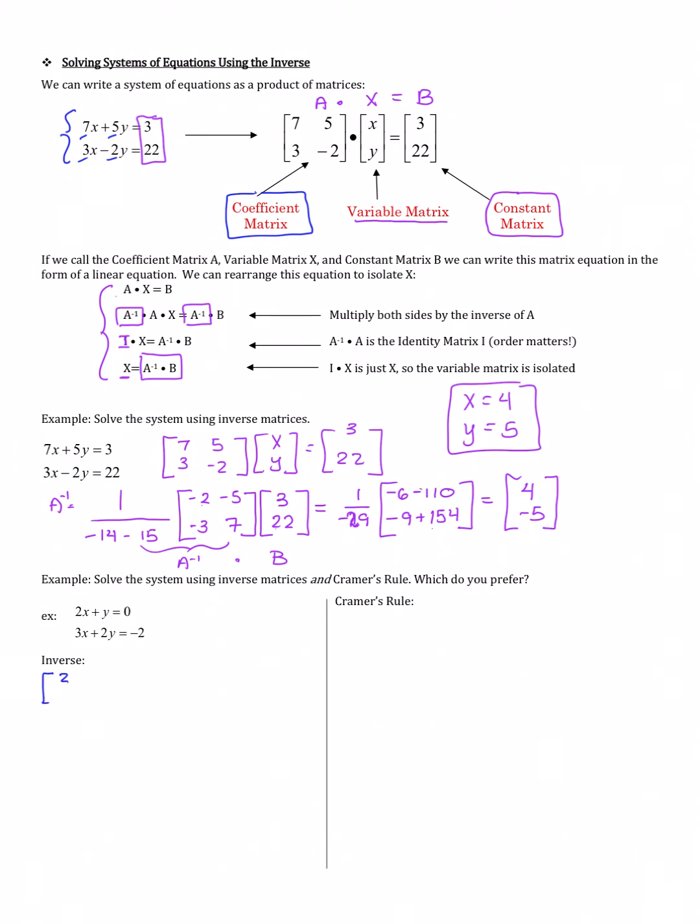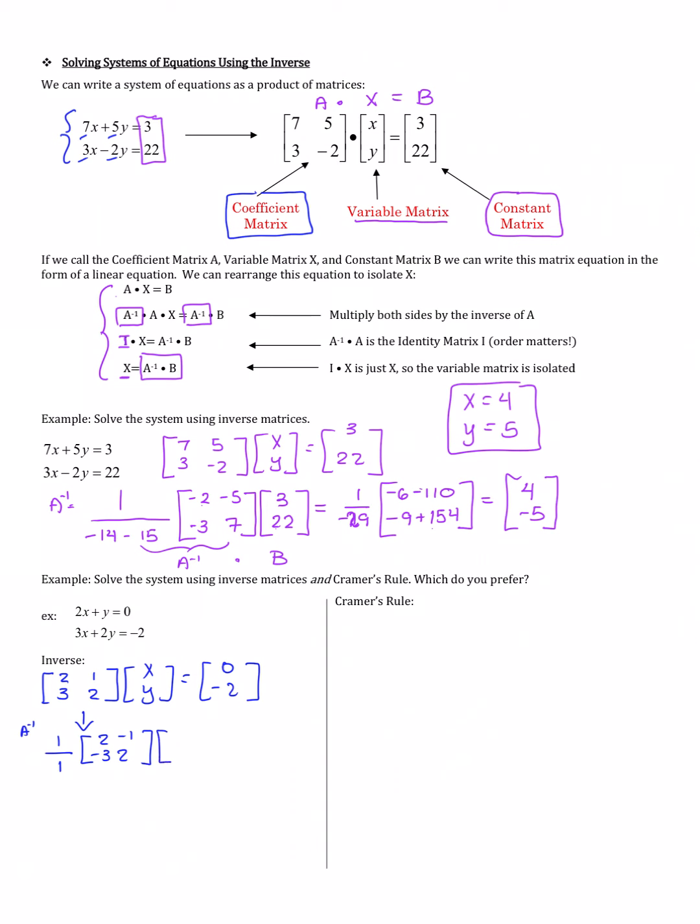So I'm going to go to 3, 1, 2, 1 times x, y equals 0, negative 2. So we want the inverse of this. So that's going to be 1 over 4 minus 3. Oh, that's a nice determinant at least. We're finding our inverse. And so then these two switch positions, negative 1, negative 3.